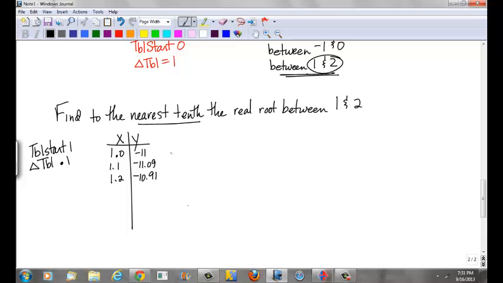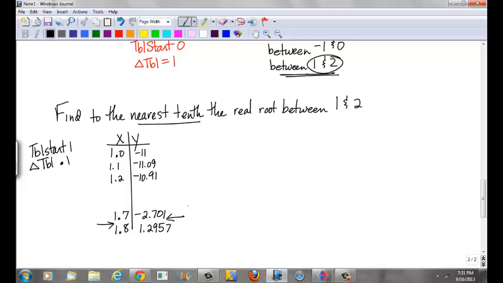Keep going, scroll down on the Y, till you get down to here. 1.7 is -2.701, and 1.8 is 1.2957. There's a change in the Y value. It went from a negative to a positive, so that means it had to cross the x-axis. So our root is between 1.7 and 1.8.